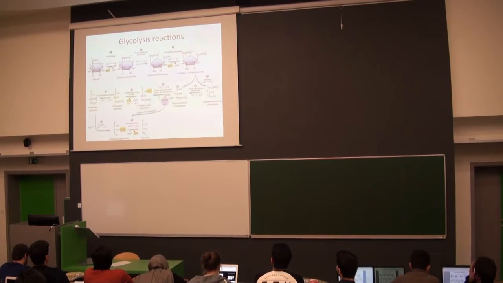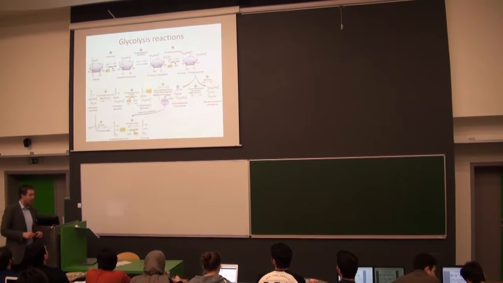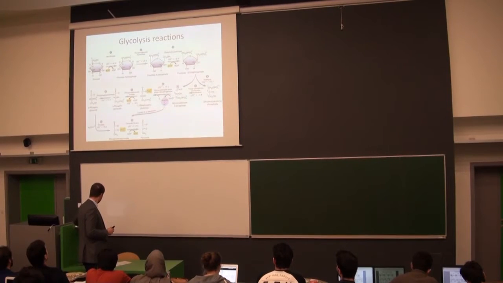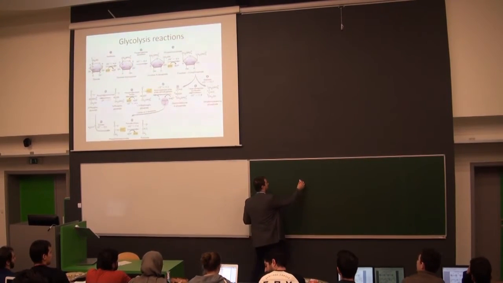You take this hydroxy group plus this hydrogen, and the enzyme is called enolase, and as you see, you eliminate water. As you know, enols are types of molecules that have a double bond, and to that double bond you have bound the hydrogen, the hydroxy group.